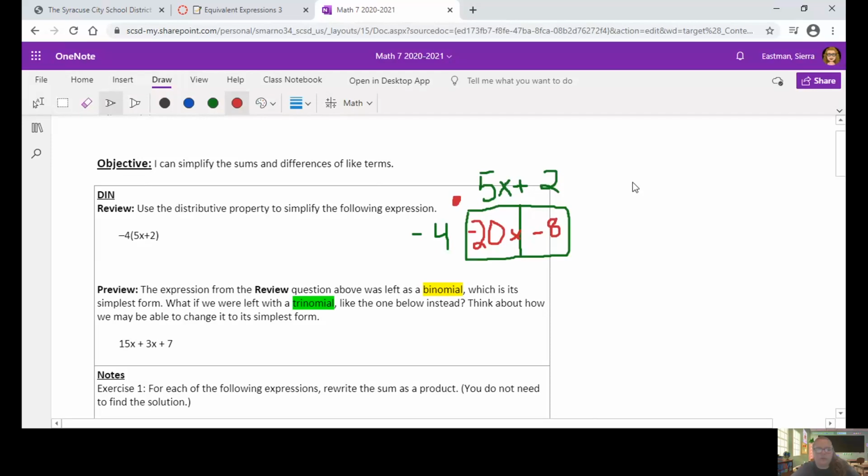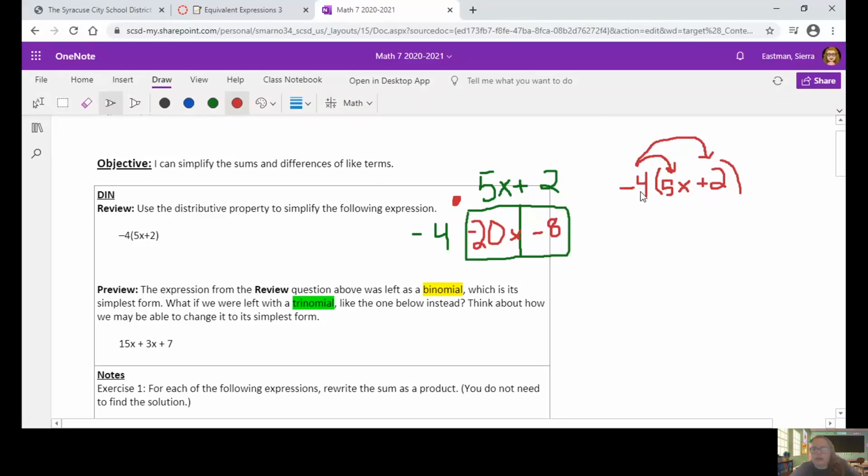If I wanted to use the algebraic method, or the everybody gets cake method, I would rewrite that expression here. -4 times my 5x plus 2. And then the 5x gets some cake, it gets multiplied by that -4. And the 2 gets some cake, it gets multiplied by that -4 as well.